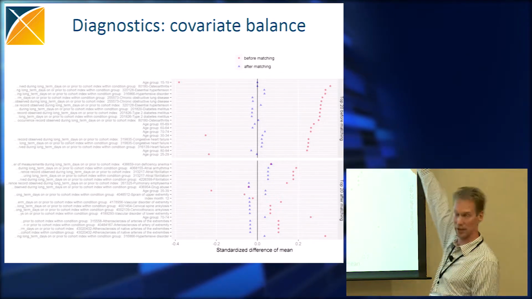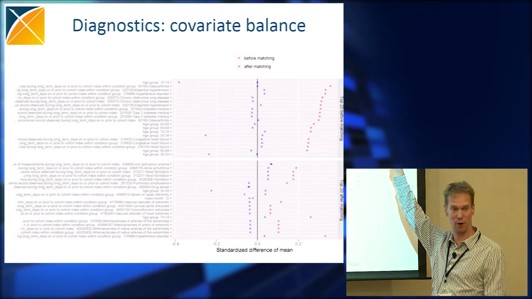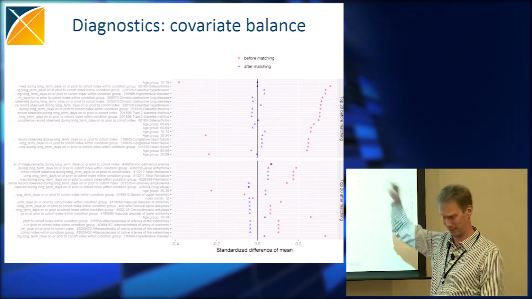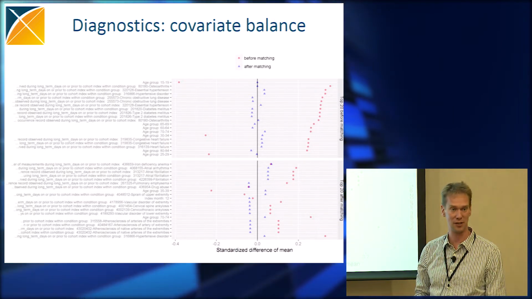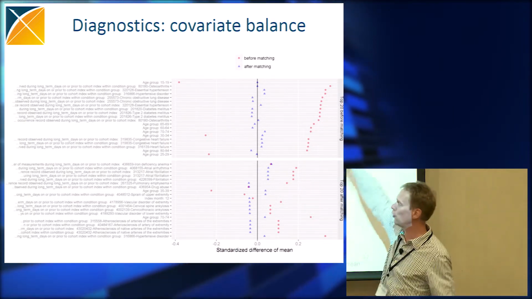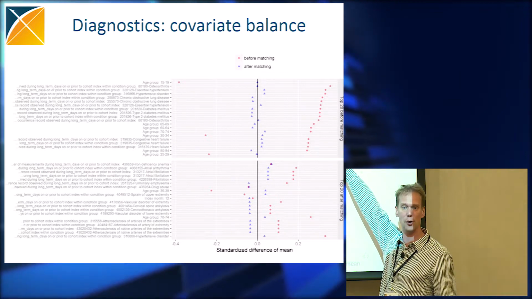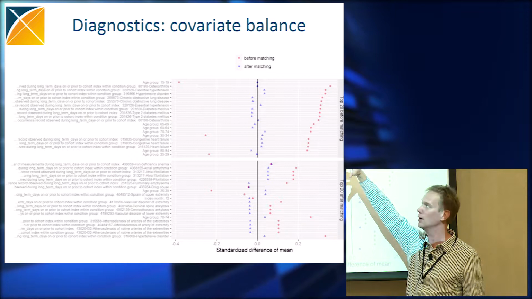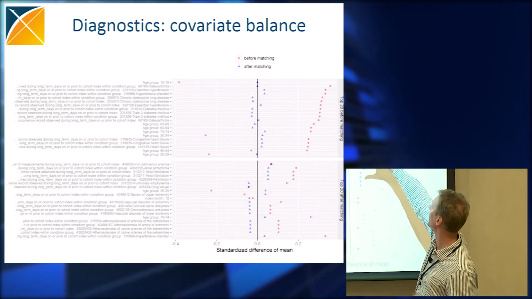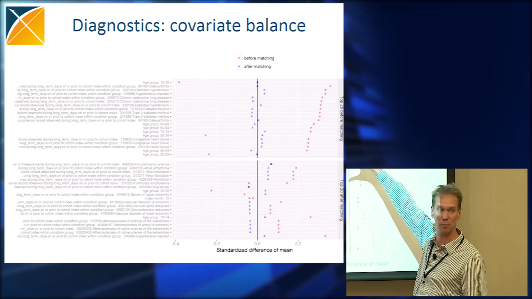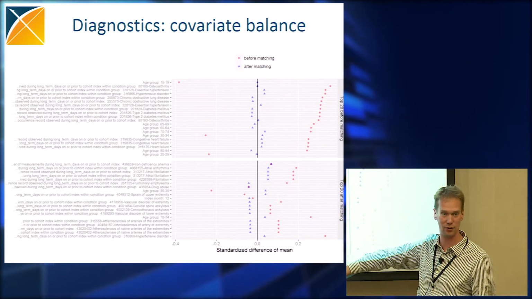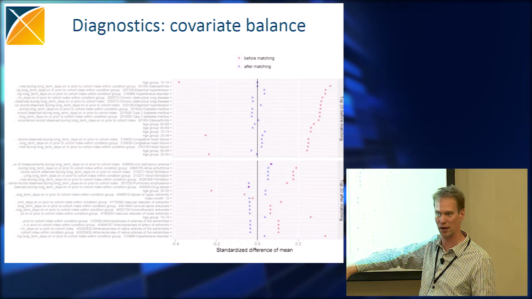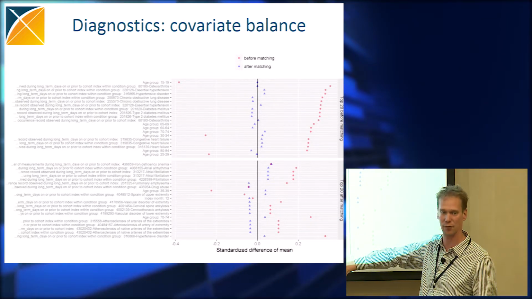The red dots are where you started before matching, and the blue triangles are where you ended up after matching. These two trellises show the same data, ordered in a different way. The top one is ordered by the largest difference before matching, and the bottom one shows the same things, ordered by the biggest difference after matching.